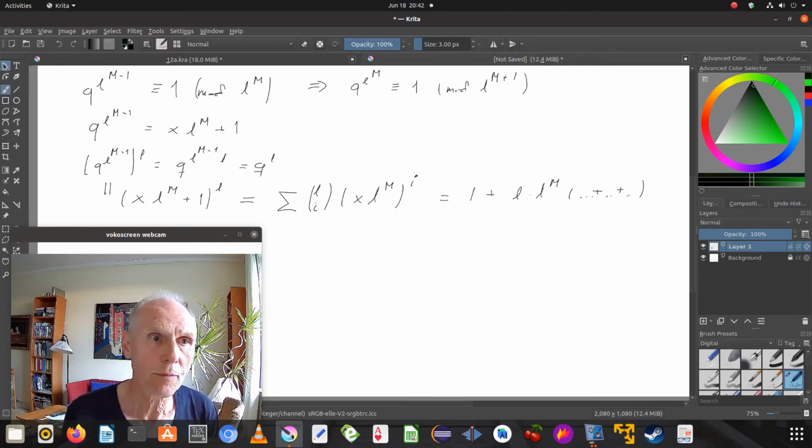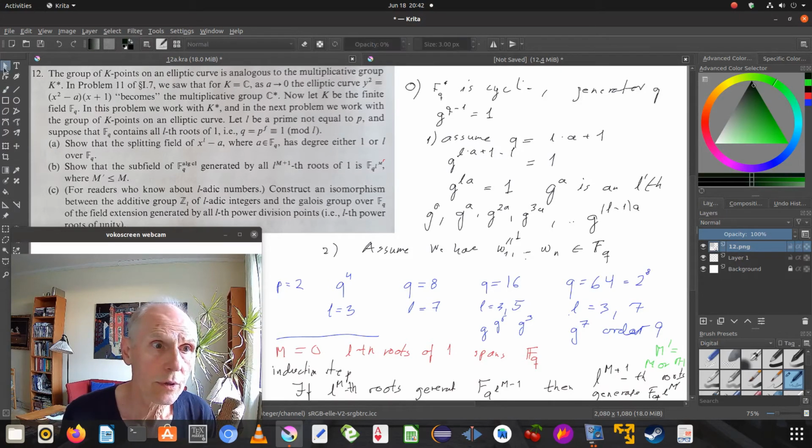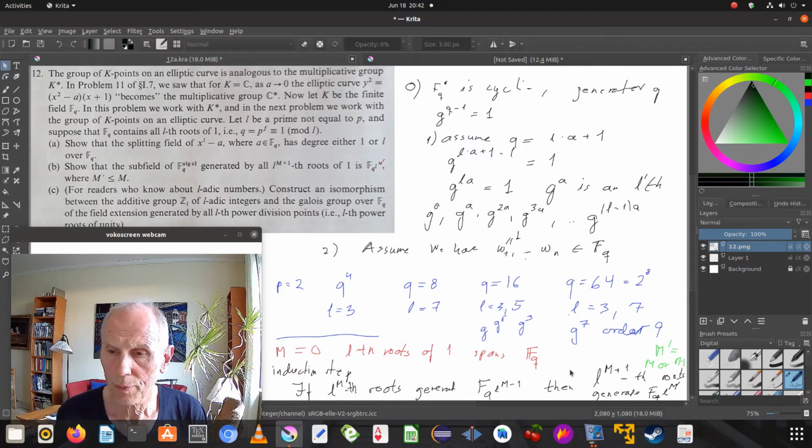What have I proven? I think I have proven that if this guy contains these roots, then the L to m plus 1th roots lie in this guy.